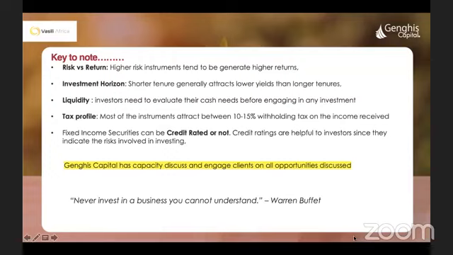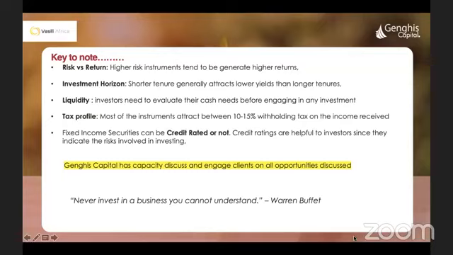Government bonds are usually either zero tax, 10% or 15%. Zero coupon infrastructure bonds are tax exempt. They don't pay any tax.